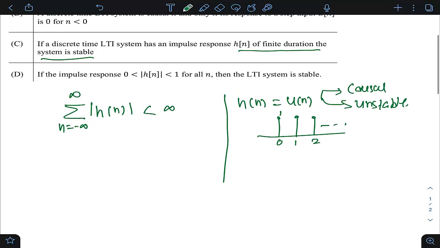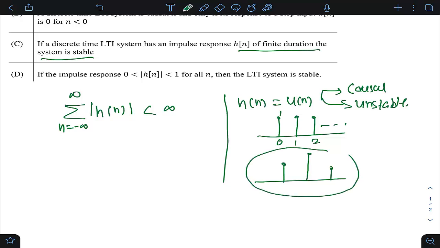Suppose your h of n is of finite duration. What does that mean? It is having a finite number of samples. If I assume that all the sample amplitudes are finite, then if I add all those sample values, this condition will definitely be satisfied. No matter whether they are A, B, C, whatever the amplitudes might be, mod A plus mod B plus mod C, provided A, B, C are finite, the answer will definitely be finite.